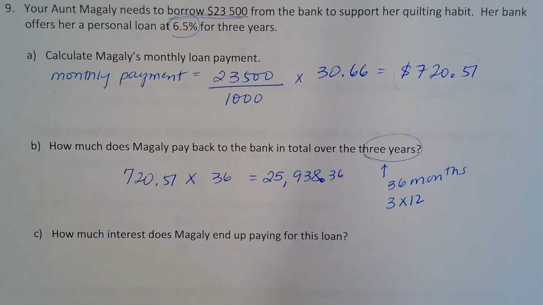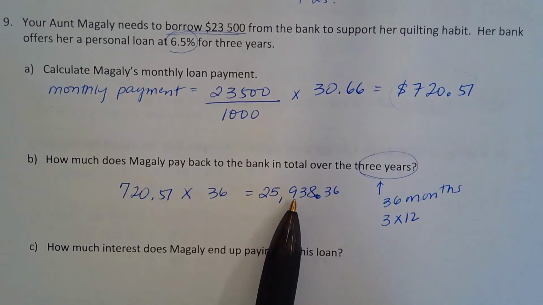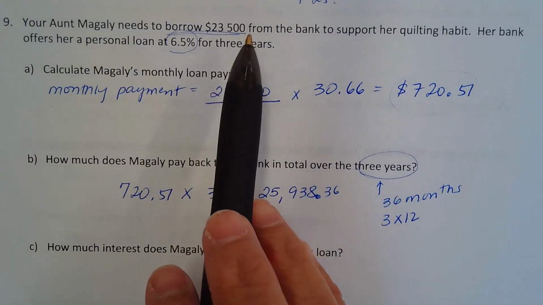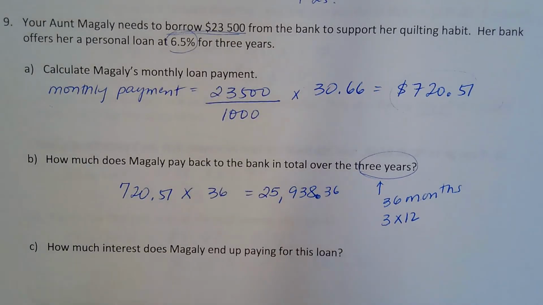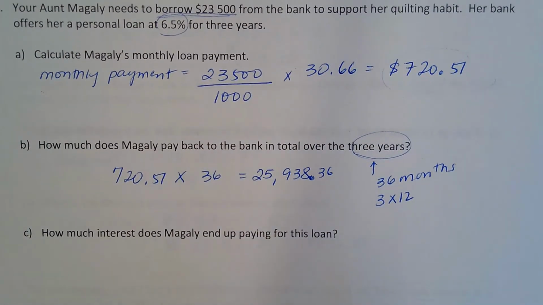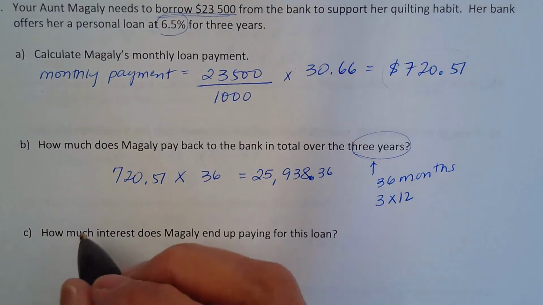So when you have something like this, whatever you paid back is always going to be more than what we borrowed. Okay, so this is what we paid back, and we actually borrowed $23,500. So the question is, how much is the interest for this?